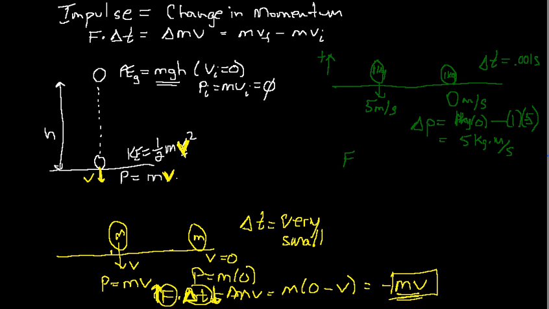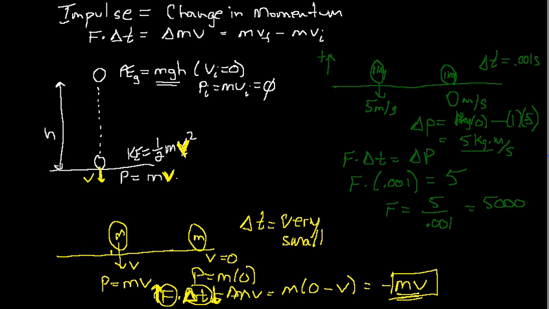Force times time is equal to the change in momentum. Force times 0.001 has to equal this change in momentum, which we said was 5. So our force is going to be 5 divided by 0.001, which is going to be 5,000 newtons.